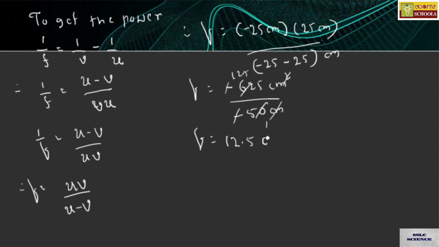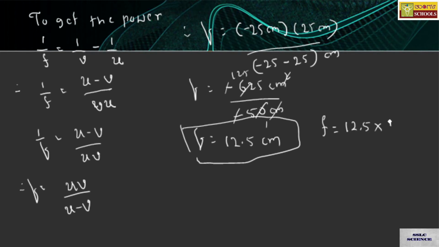So f is equal to 12.5 centimeter. Let us write it in terms of meter: 12.5 into 10 to the power minus 2 meter.